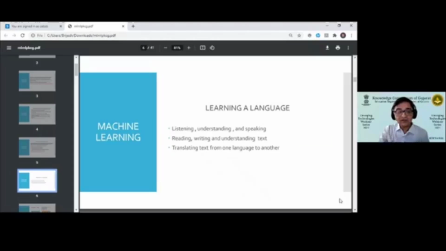It's not that it was not interesting earlier, but at the turn of the 21st century, I guess it became much more interesting and challenging. And then a very standard and age-old problem is translating text from one language to another. We all want to read the material available in different languages, because if you don't know the language, you don't know the culture, and you cannot gather anything about that culture or those people.